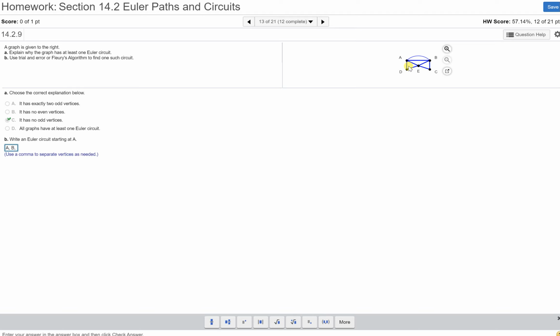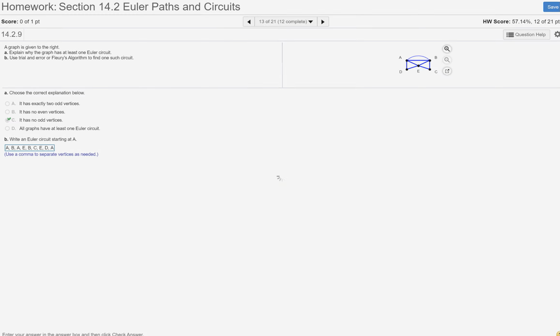B, and then I'm going to go to C. No, I said I'm going to go back to A. Then I'm going to go to E. Then I'm going to go to B. And then I'm going to go to C, then E, then D, then A. I think I traveled everything once. Let me double check. I'll trace it this way. So A, B, A, E, B, C, E, D, A. Yep, I did everything perfectly. It looks good. So let's check. Excellent.